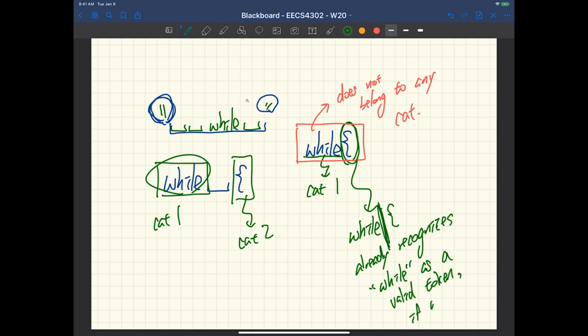If we go on to include curly brackets, I'll go a little bit further here, which means "while" plus curly brackets, this particular string does not belong to any syntactic category.